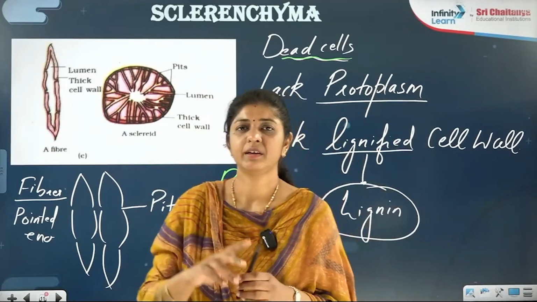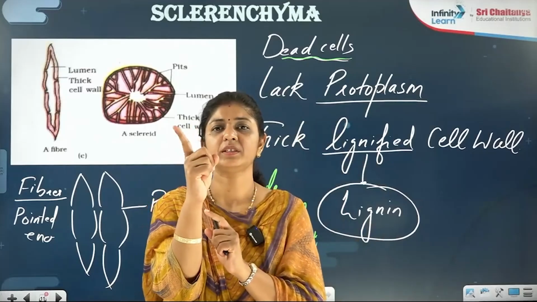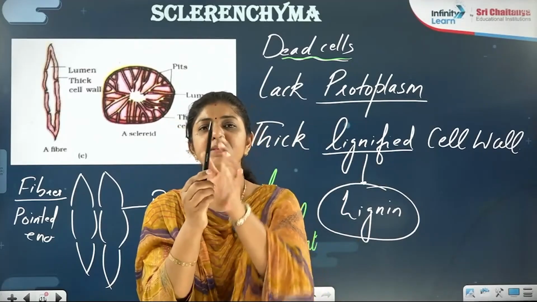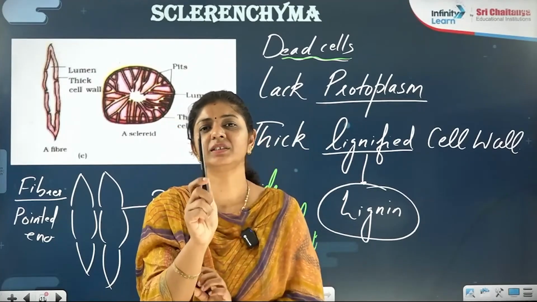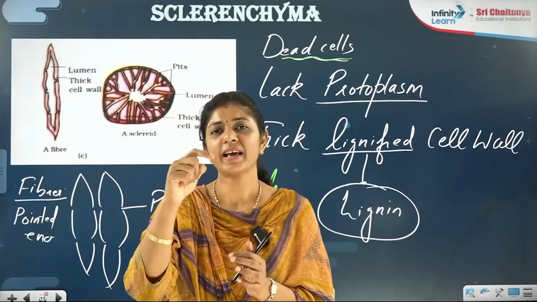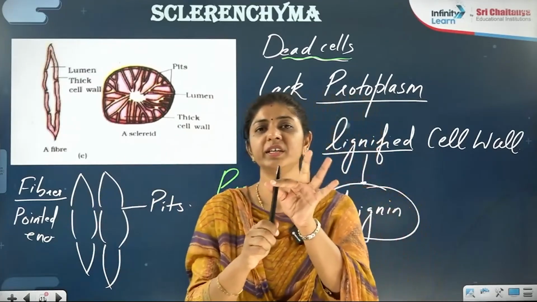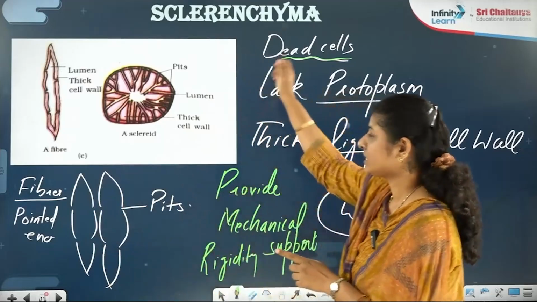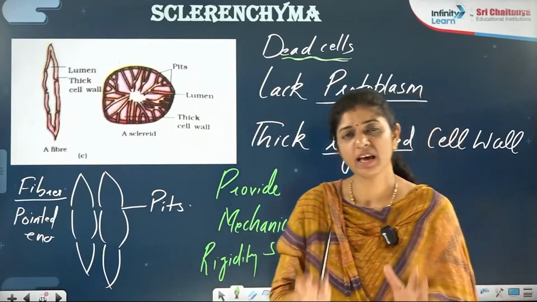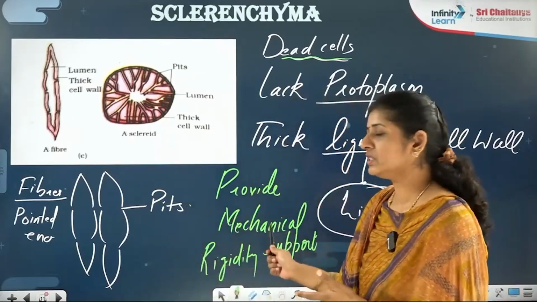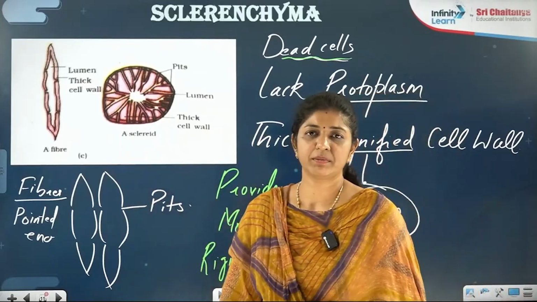Rigidity means what thing? Like this, my finger, I can do like this. This is flexibility. But this marker, I cannot bend it like this. This is rigidity. Are you getting that? This flexibility in plants, who is giving? Collenchyma. But this rigidity in plants, who is giving? Sclerenchyma. Right? So both are mechanical support, but this is for rigidity, that one is for the flexibility, right?